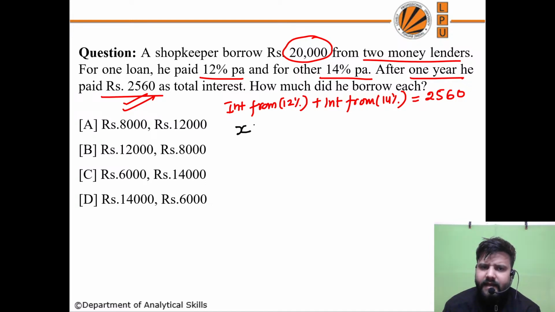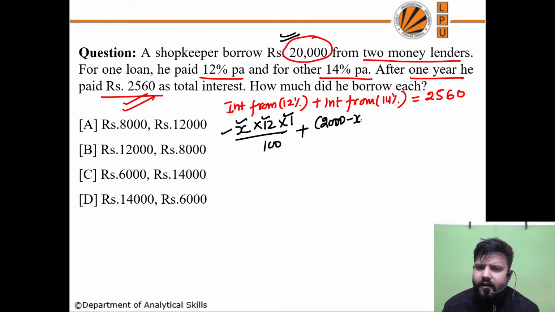If principal is X, rate of interest is 12, time period is 1, because the interest formula for SI is PRT divided by 100. And if out of 20,000 the first one is X, the second one would be 20,000 minus X, isn't it? Now 14 multiplied by 1 and divided by 100, and you will equate it with 2560.